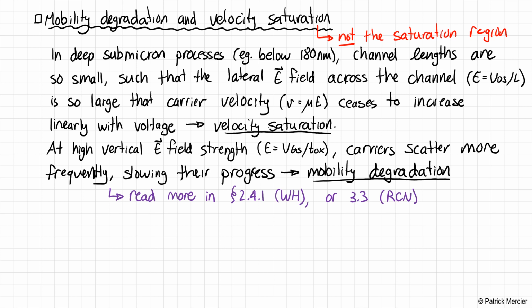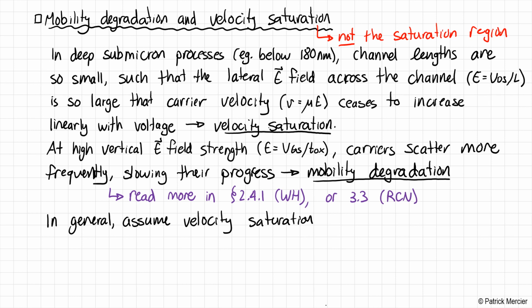Okay, so this is the basic introduction. I'm going to say in general, assume that we are dealing with velocity saturation, and I'm going to kind of lump in velocity saturation with mobility degradation. They are different effects, but that's kind of what we're going to do here.